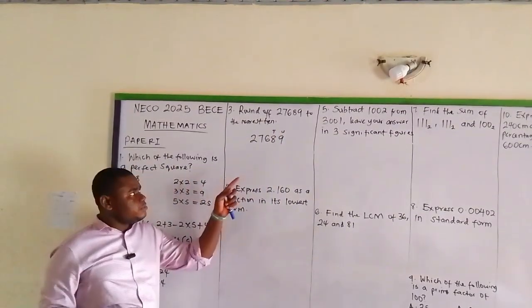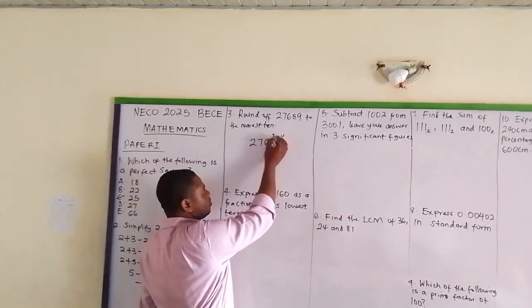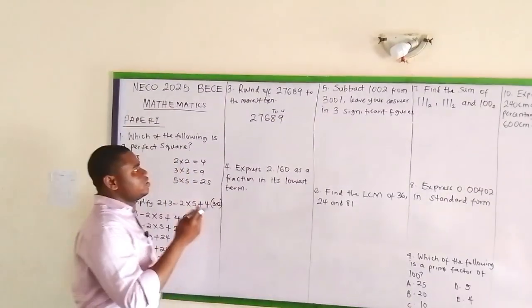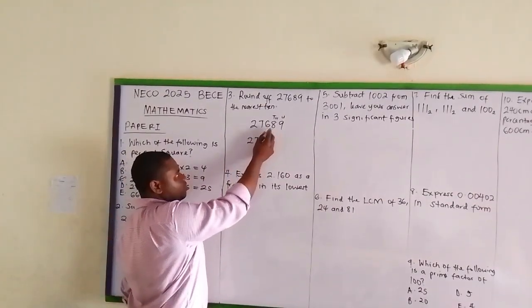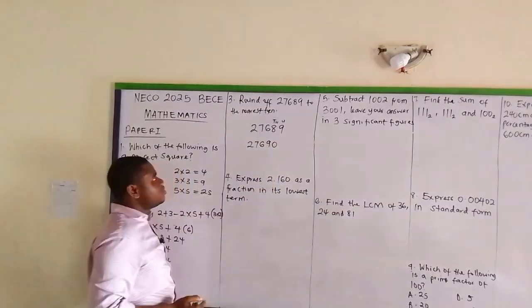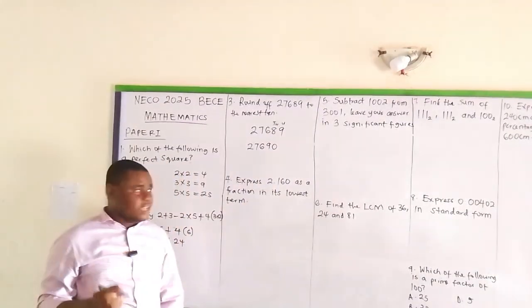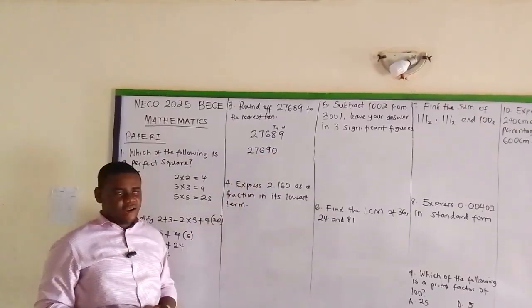Since the unit is 9, I will add 1 to 8. So this will turn into 2, 7, 6, 8 plus 1 is 9, and this will be 0. So to round off 27689 to the nearest 10 will be 27690.